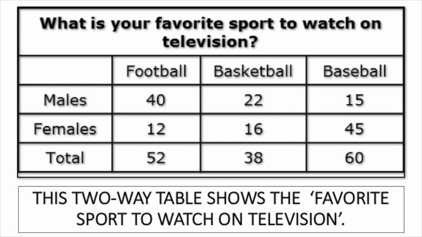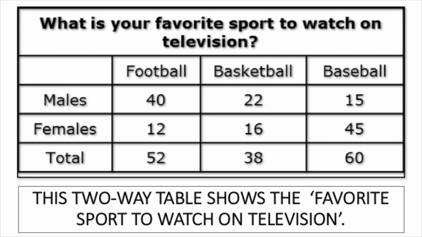This two-way table shows the favorite sport to watch on television. So you can see the title. What is your favorite sport to watch on television? And there's 3 different sports to choose from.